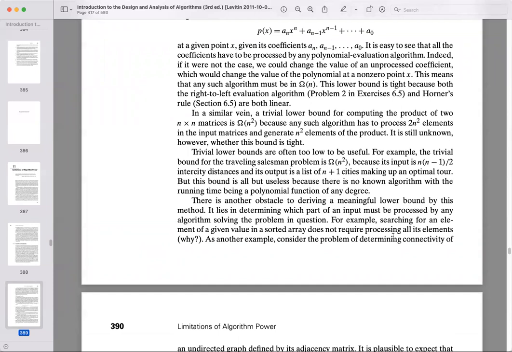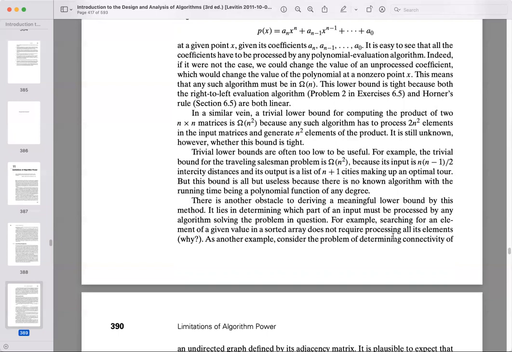Okay. So for example, the traveling salesman problem that we've talked about, where you're trying to find the most efficient route for a salesman to travel from one city to a bunch of other cities and ending up where he started from. That problem, if we look at the lower bound, comes to n squared, okay? Because you have n times n minus 1 divided by 2 intercity distances, and the output is a list of n plus 1 cities, okay?